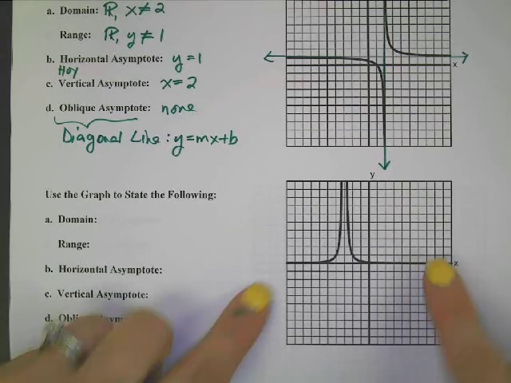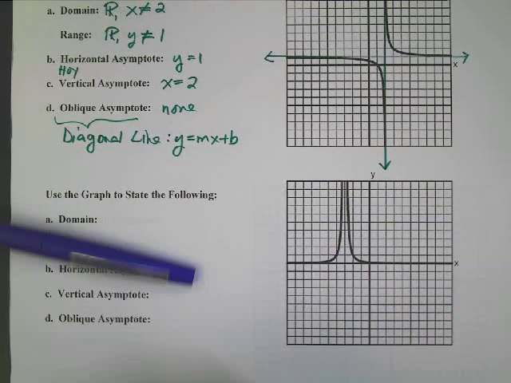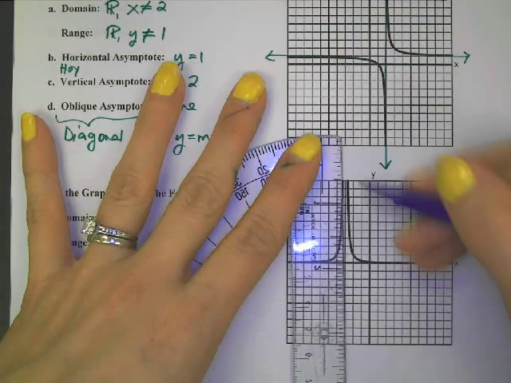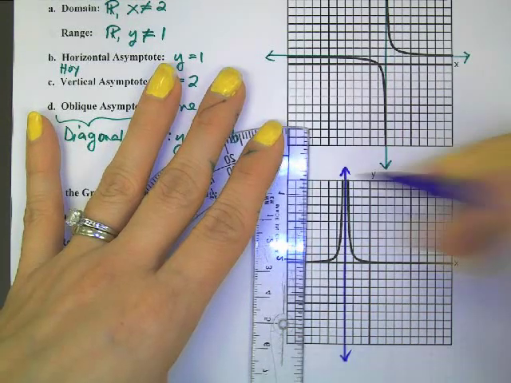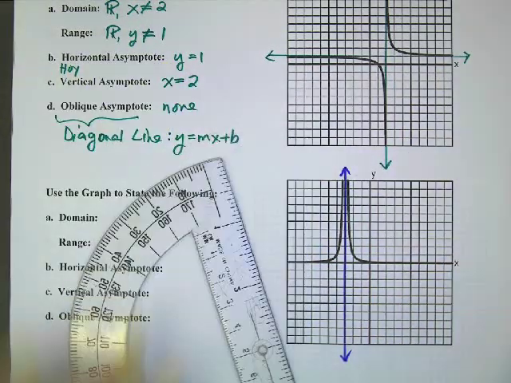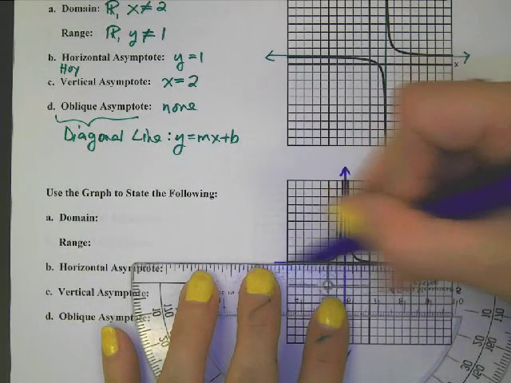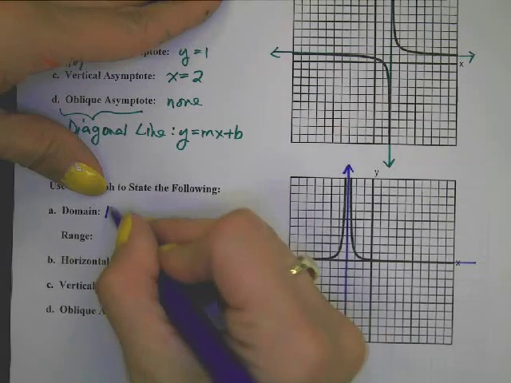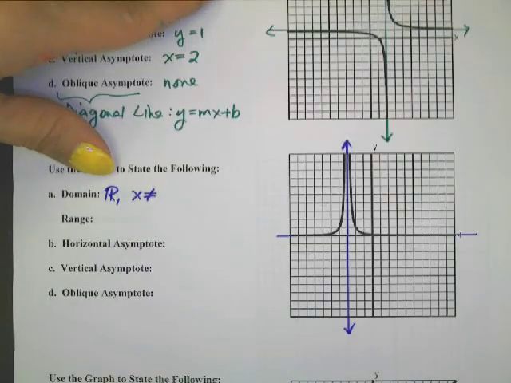This graph has one of those things where the branches are going up, so it must have had a factor squared. I like to use a ruler so I can make sure I get right in here in the middle. There's a vertical asymptote there, and there is a horizontal asymptote right here along the x-axis. Okay, so the domain, all reals except x cannot equal what number?